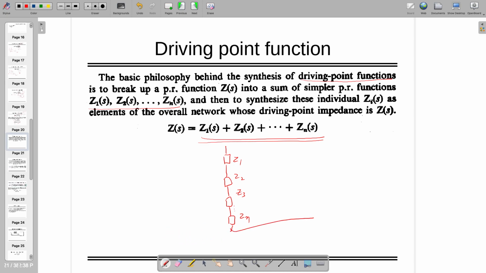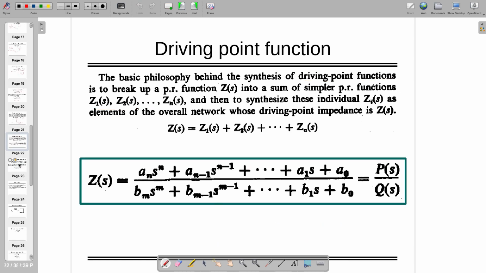This goes to the output side and this is input, right? Because it is in series. If it is in parallel, it has to be parallel. So parallel entry is difficult in impedance. So what we do is convert this impedance into admittance, because then it will be in parallel. But we are not going to make parallel entry of impedance, series entry of admittance, because it will be easier for realizing the same circuit elements, right?